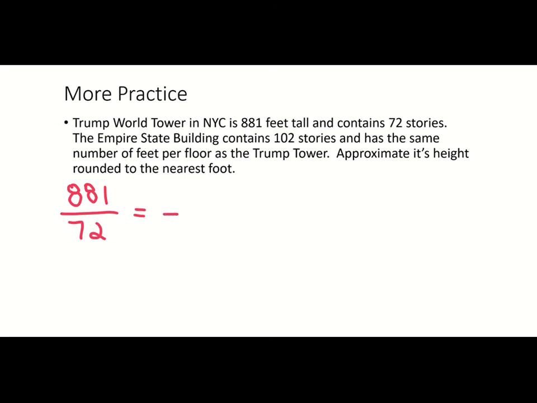So what we're going to do is we have 102 stories. My 72 is there. So I'm going to put my 102 right there and my x. Cross multiply. So I'm going to have 72x is equal to, when I do 881 times 102, I get 89,862.